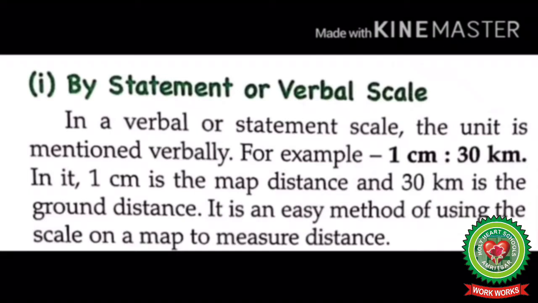For example, 1 centimeter ratio 30 kilometers. In it, 1 centimeter is the map distance and 30 kilometers is the ground distance. It is an easy method of using the scale on a map to measure distance.